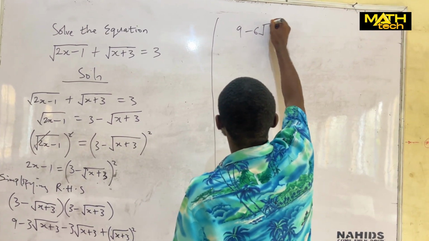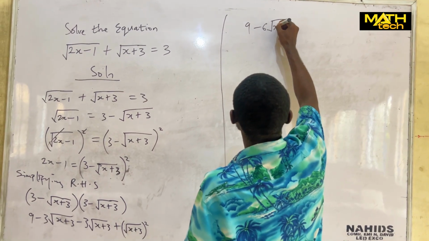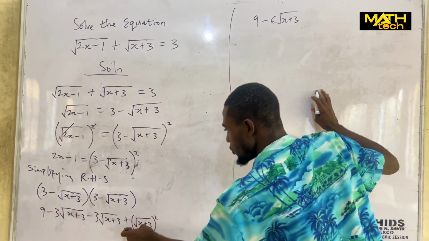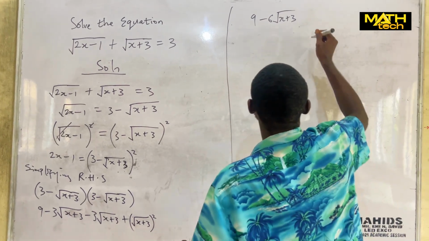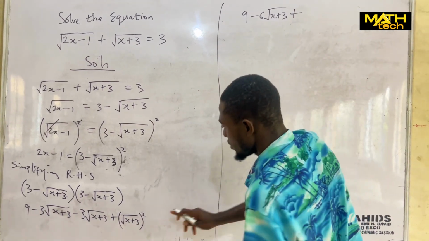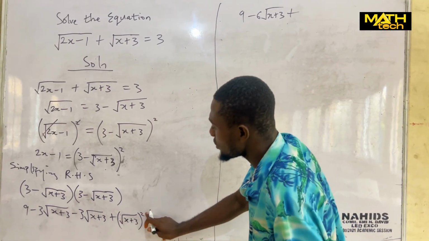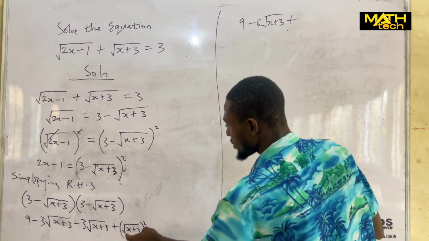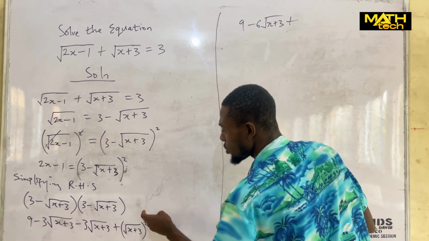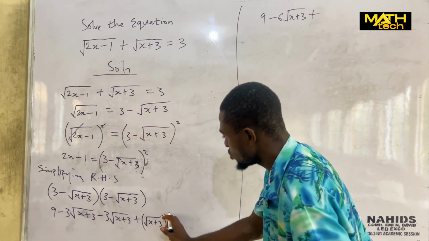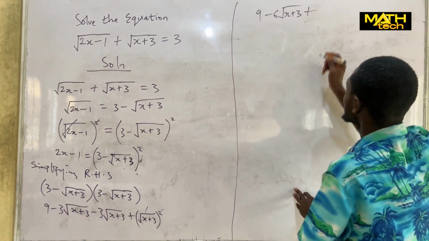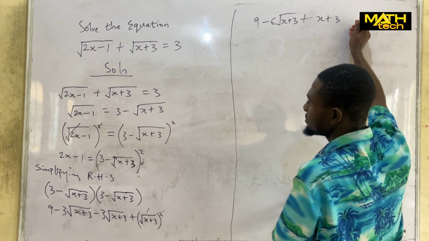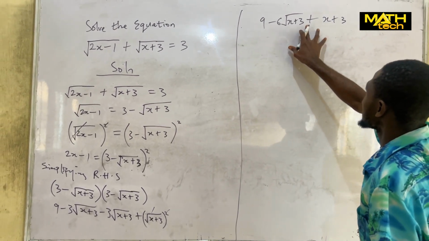Minus 6 square root of x plus 3. And here we have plus, and don't forget I said square root is the inverse of square, and square is also the inverse of square root. So these two go out, and we'll be having what left? x plus 3. So this is actually the right hand side.